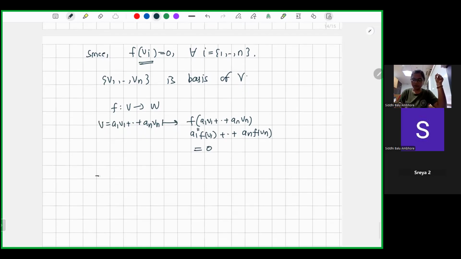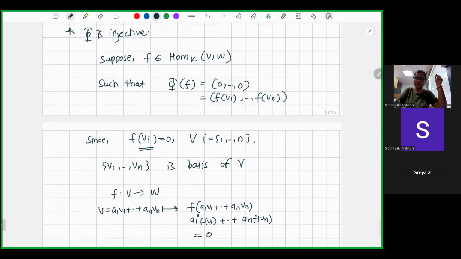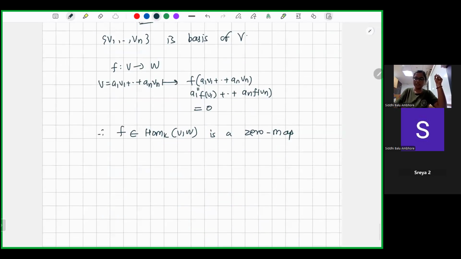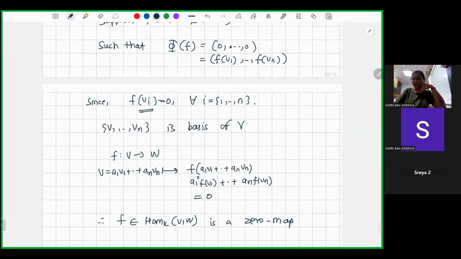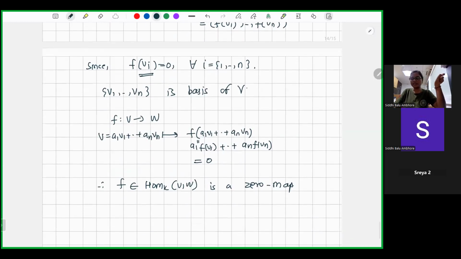So therefore, this f in Hom(V, W) is a 0 map. We started with some f and it turned out that f is a 0 map, because at each basis element it is 0.